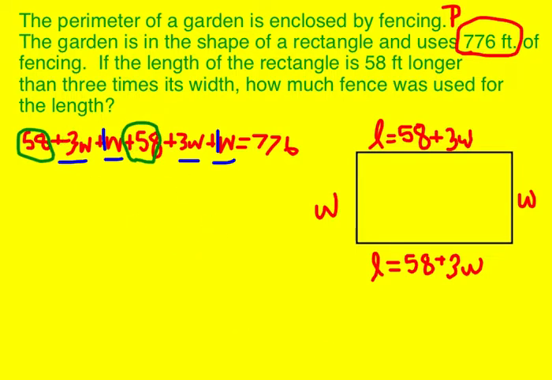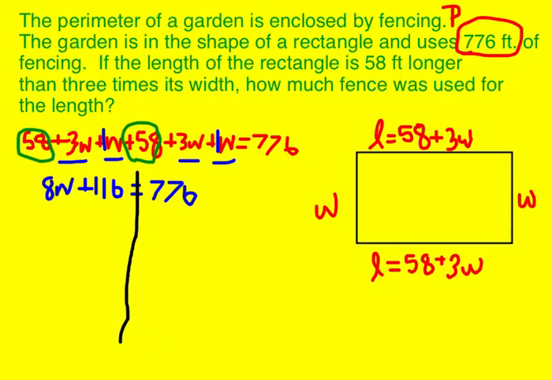So combining my W's, 3 plus 1 is 4, plus 3 more is 7, plus 1 more is 8. So I have 8W. 58 plus 58 is going to give me 116, so plus 116 is going to equal that perimeter value of 776. So now I have an equation that I can solve to try to find W.